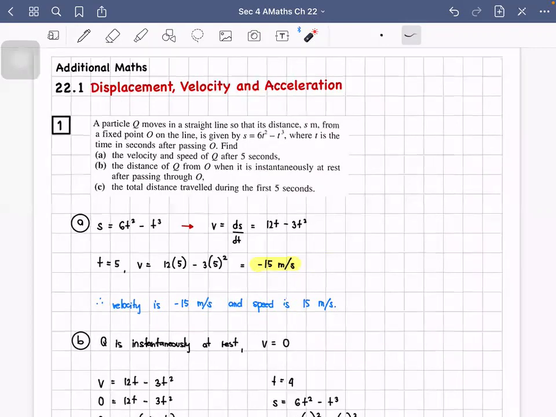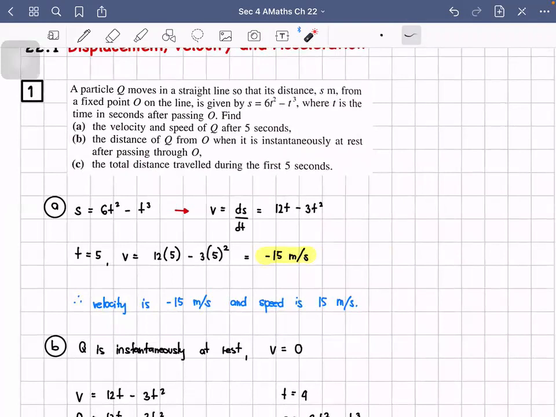A particle Q moves in a straight line so that its distance s meters from a fixed point O, or the origin, is given by s equals 6t squared minus t cubed.